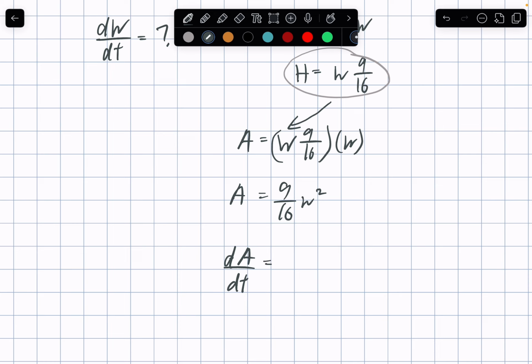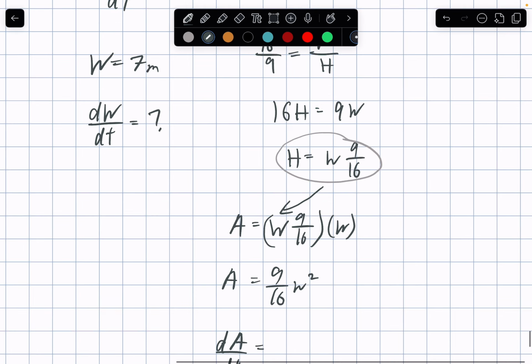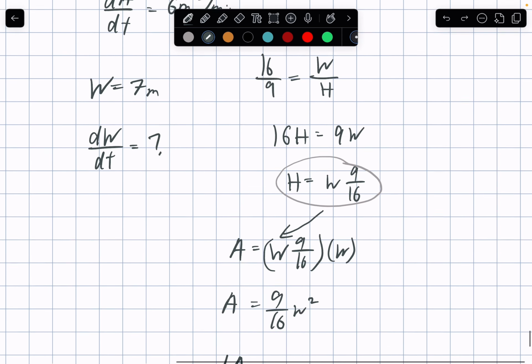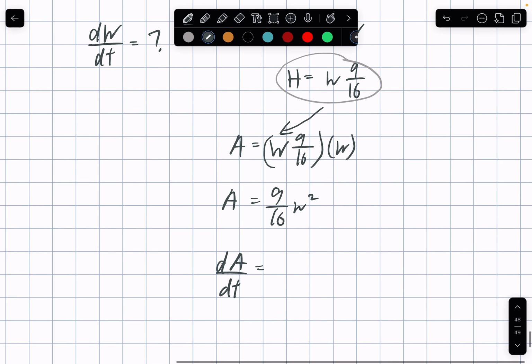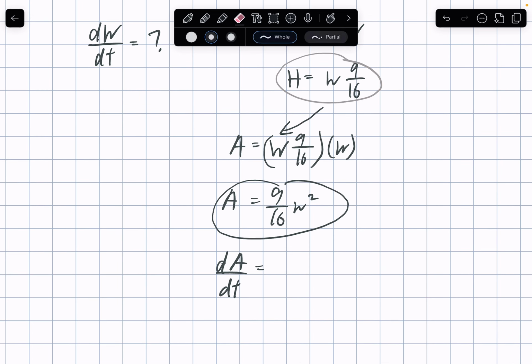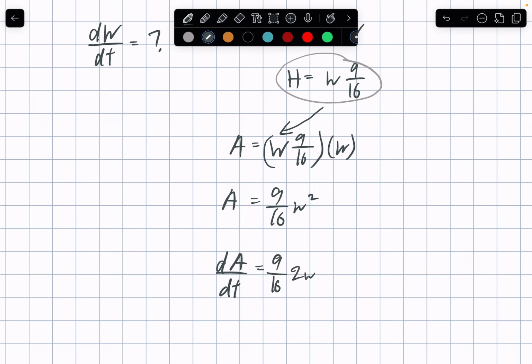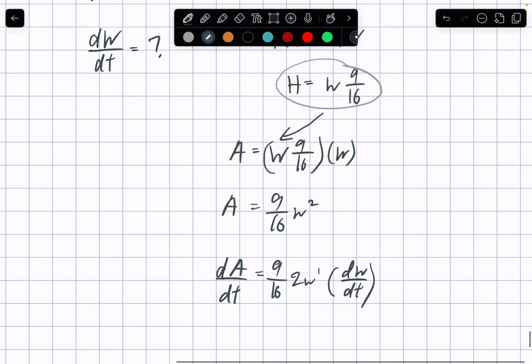Okay, so the reason why we express h in terms of w is because we are looking for dw over dt, right? So given that we have this already, once we find its derivative, 9 over 16 times 2w raised to 1 times dw over dt. So this is where we find dw over dt.